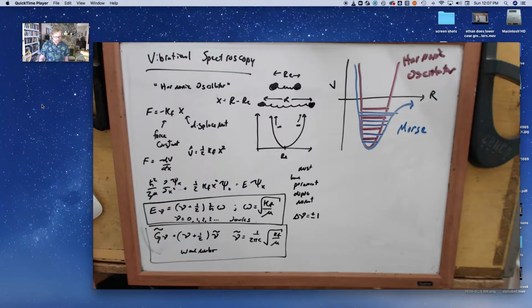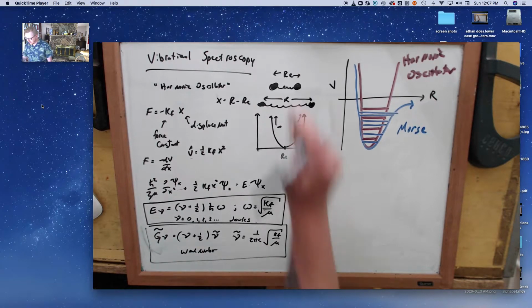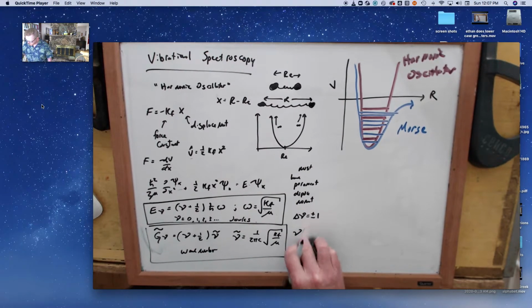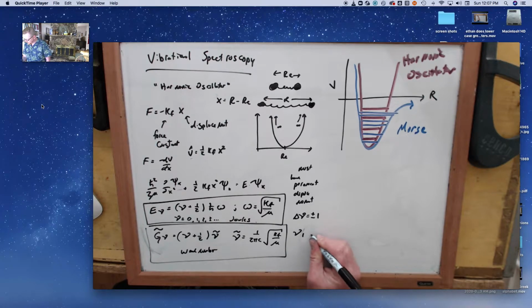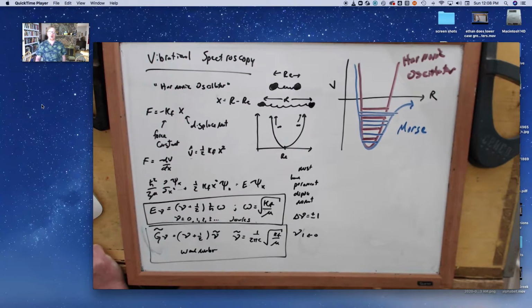And if you recall with our statistical mechanics, because most molecules, 99% or more, are in the ground vibrational state, almost all IR probes the fundamental transition. So I'll write that the same way I wrote that with our rotational notation. So that's nu from 0 to 1. So almost all vibrational spectroscopy only probes that one single transition.